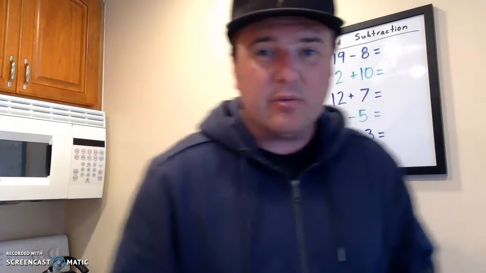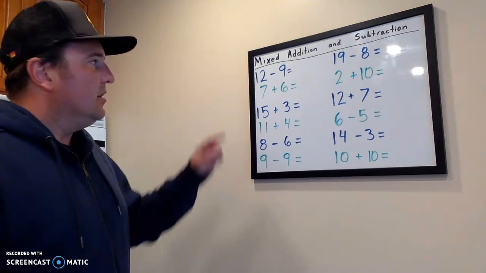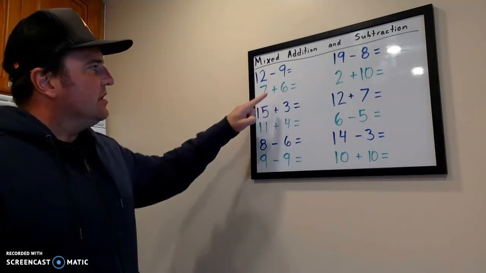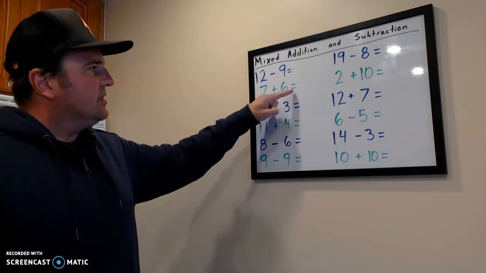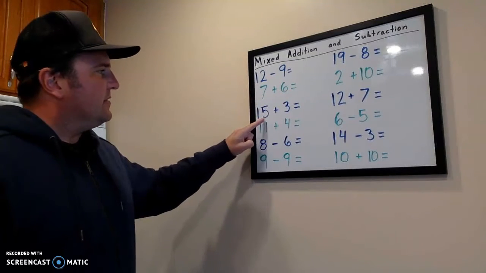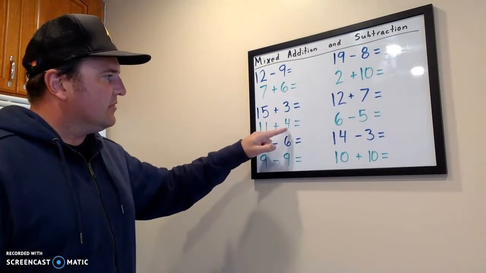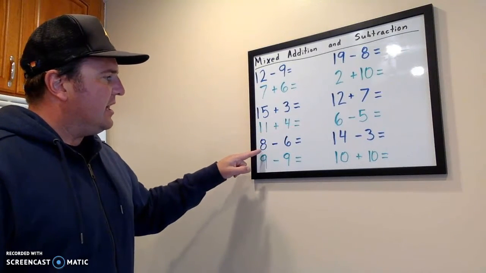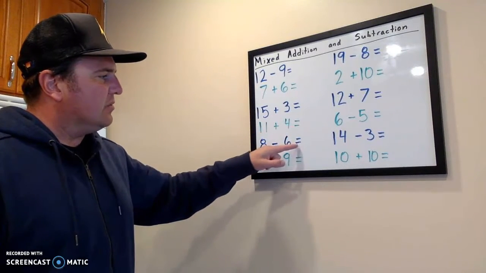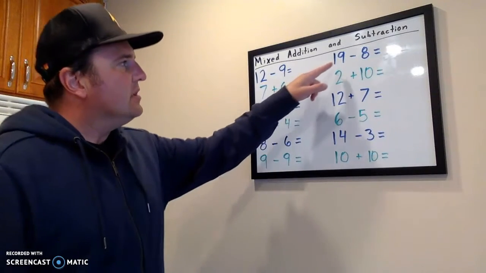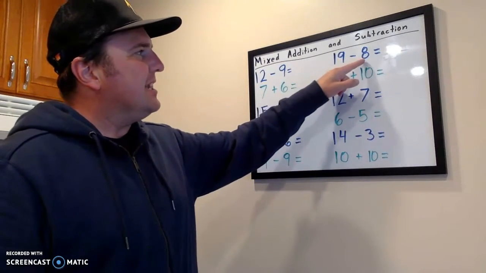All right, here we go. 12 subtract 9 equals. 7 plus 6 equals. 15 plus 3 equals. 11 plus 4 equals. 8 subtract 6 equals. 9 subtract 9 equals. 19 minus 8 equals.